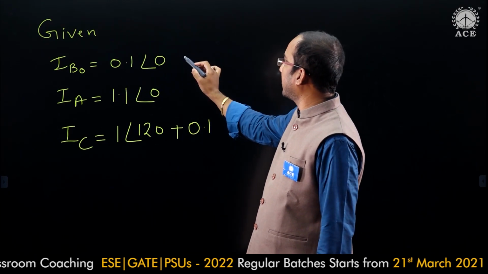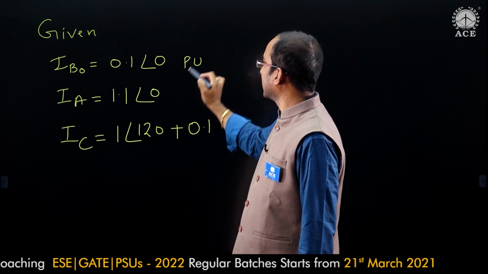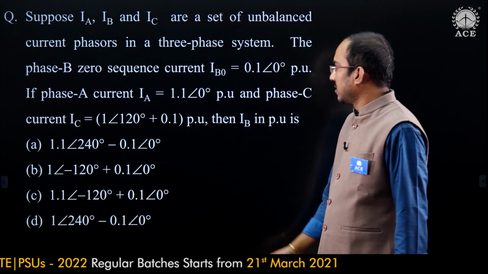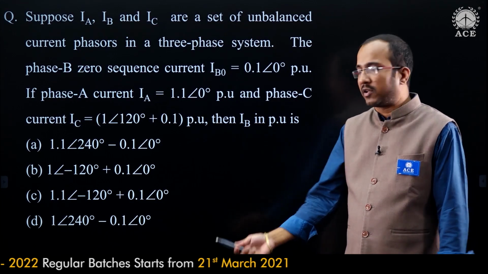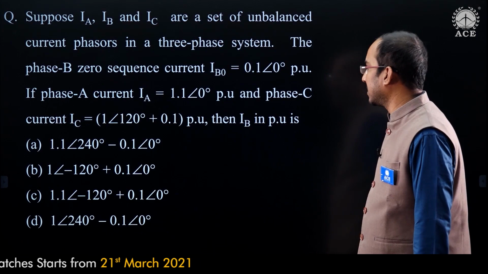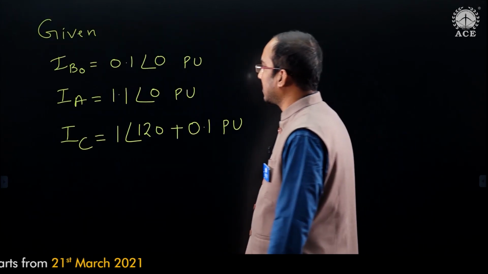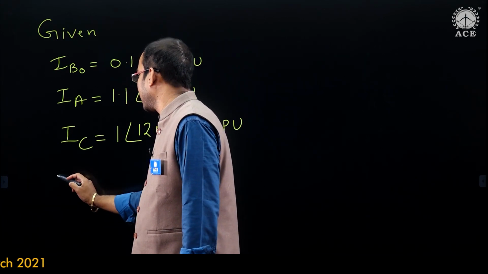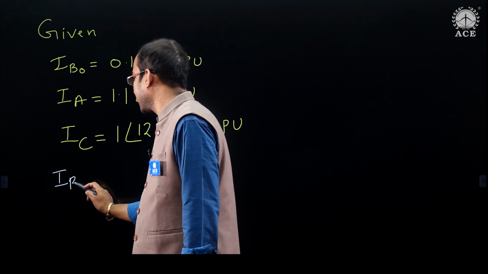All these are in per unit. Then he is asking to calculate the value of IB in per unit, that is, the phase B current. So, what do we require here? Phase B current.